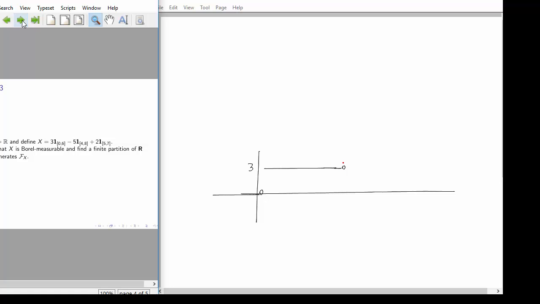At 4, the second term kicks in, this penalty of 5, and the value abruptly drops to -2 and stays there until we get to 5.